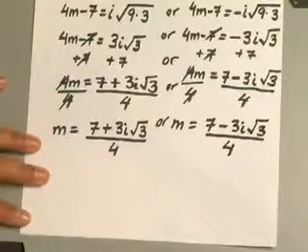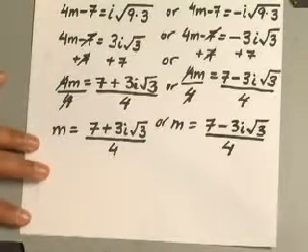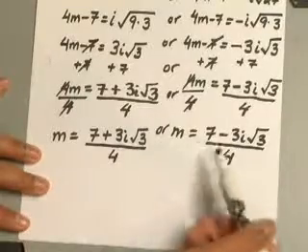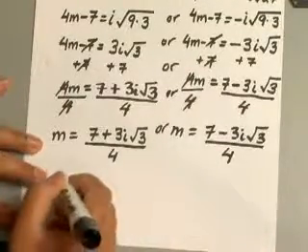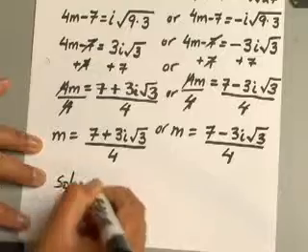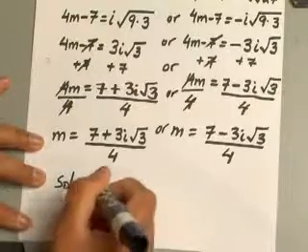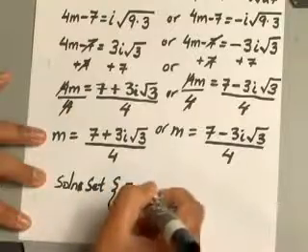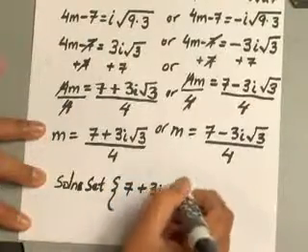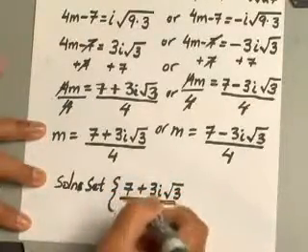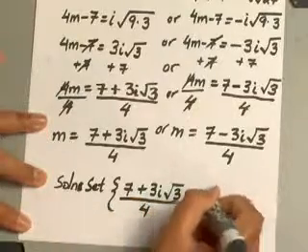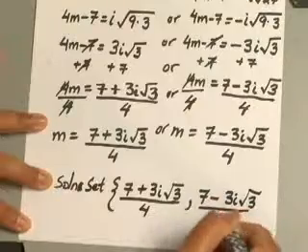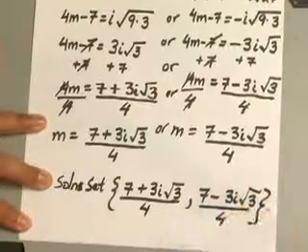So the only difference between a real number and an imaginary number is that imaginary numbers have the number i in them, and of course that's what makes them different from real numbers. So your solution set is going to be 7 plus 3i square root of 3 over 4, and 7 minus 3i square root of 3 over 4.